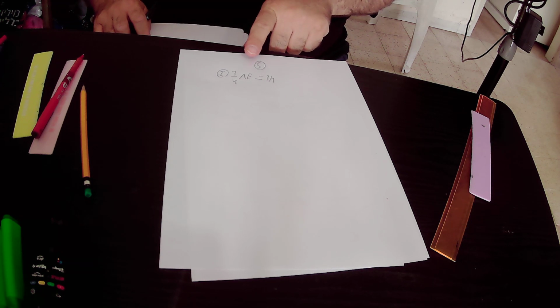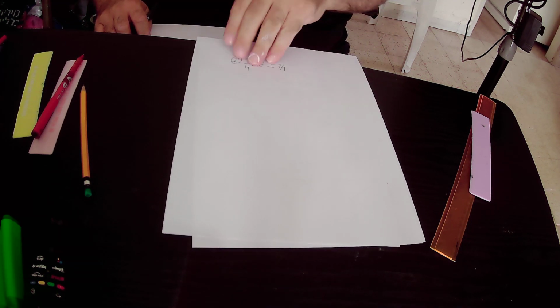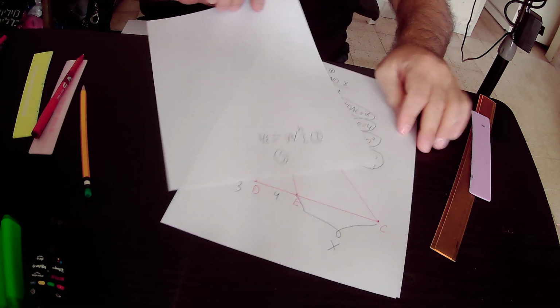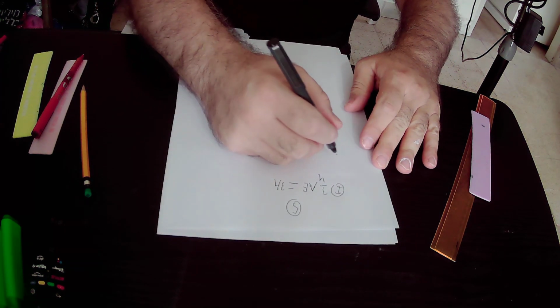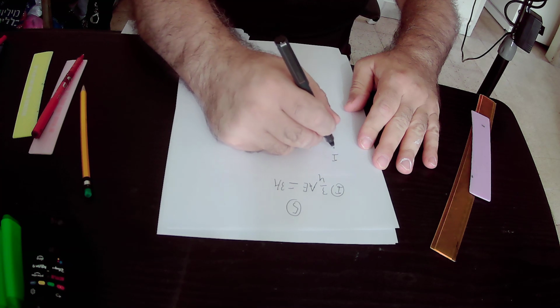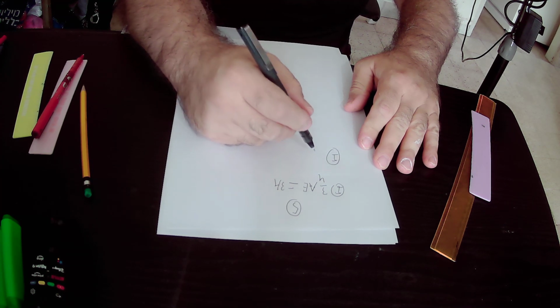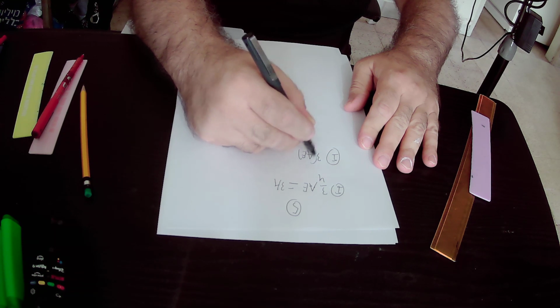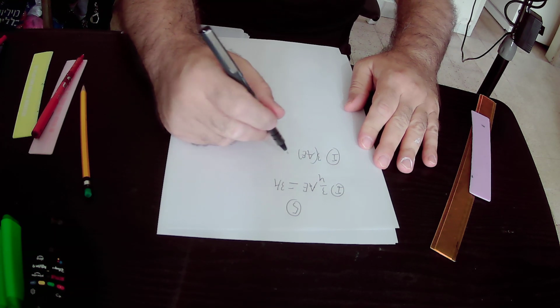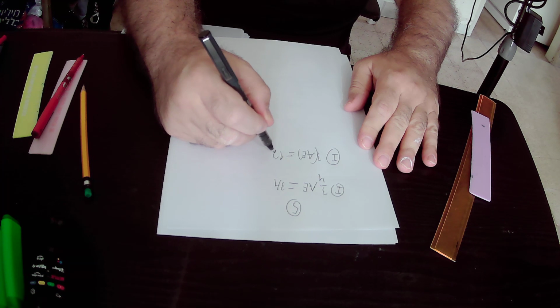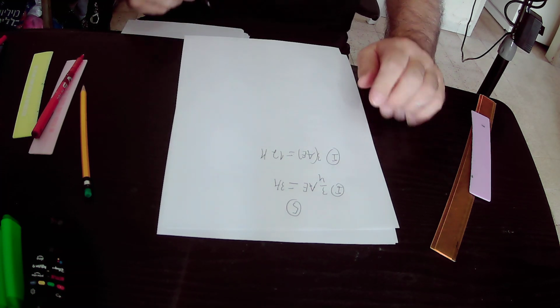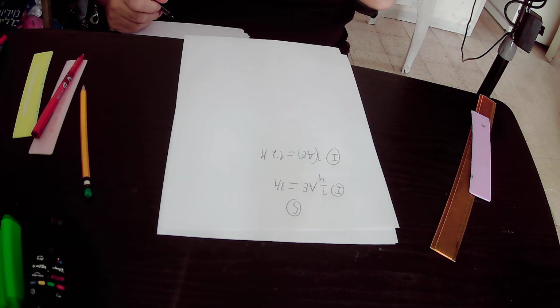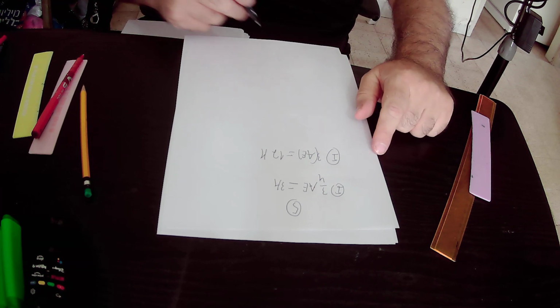Here we will multiply this equality by 4. We will get that 3AE equals 4 times 3, which is 12K. So here we will divide this equality by 3 in order to get the value of AE.